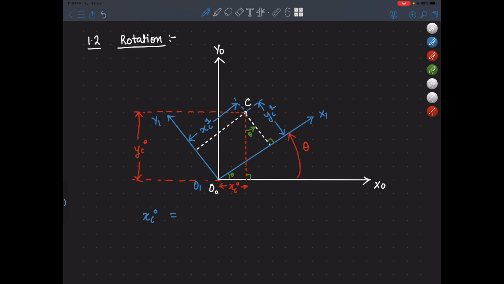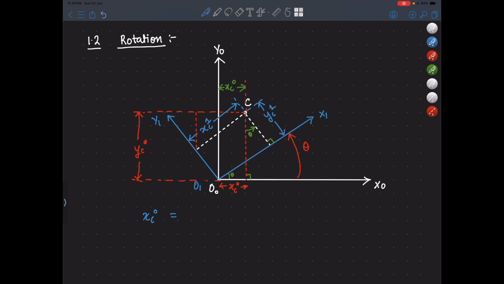So if you see xc naught, which is this value, is this length.